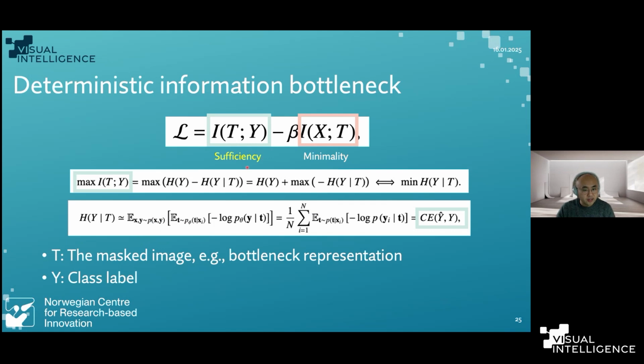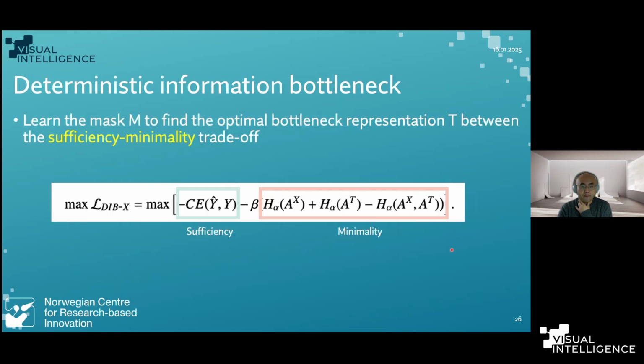For the sufficiency term, which is the mutual information between this bottleneck representation T and Y, there's a very nice property: maximizing this mutual information term is equivalent to minimizing the conditional entropy of Y given T, and this can also be approximated by the cross entropy between the model prediction and the true label. So yes, this is the whole objective function that we have for this setup.